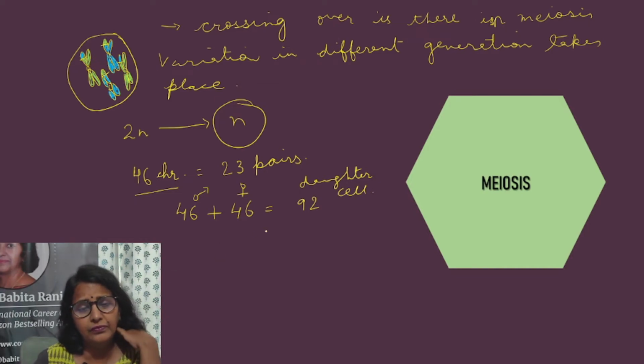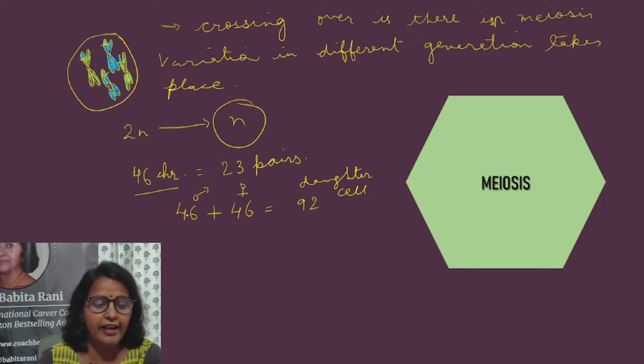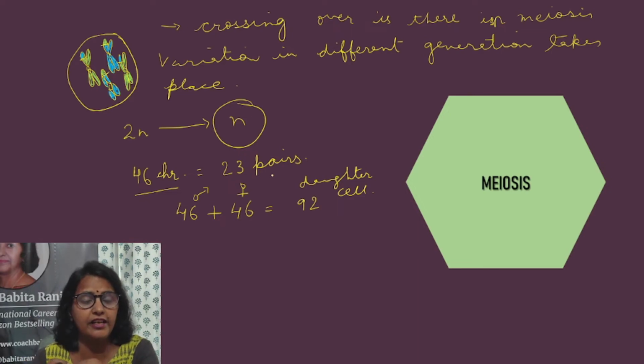So this chromosome number will go on increasing, and the nucleus will not have enough space to hold the chromosomes, and as chromosomes also decide the features and other activities of the cell, the number of chromosomes is reduced to half.